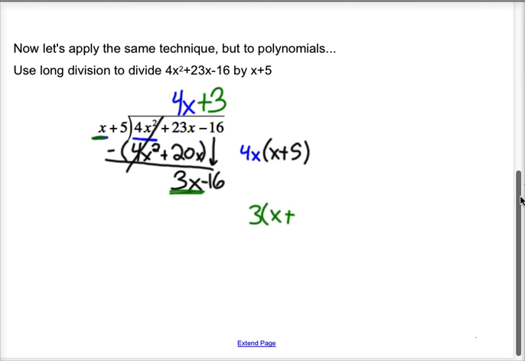And once I've identified that, now I'm going to take that 3 and I'm going to multiply it by the whole x plus 5. So that gives me 3x plus 15.